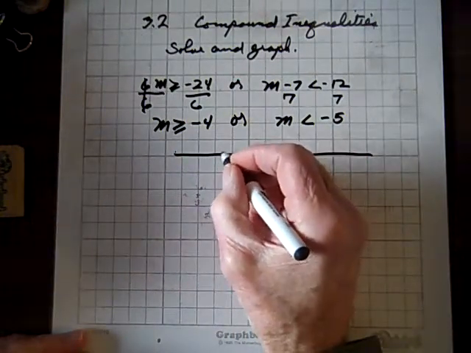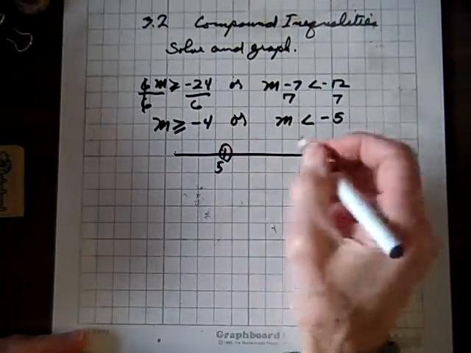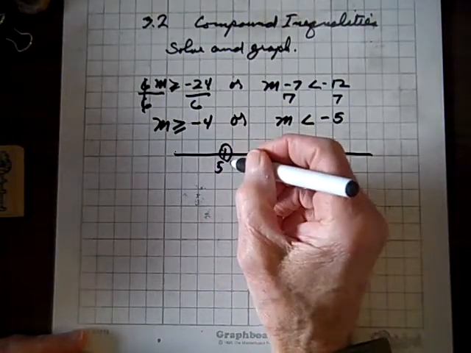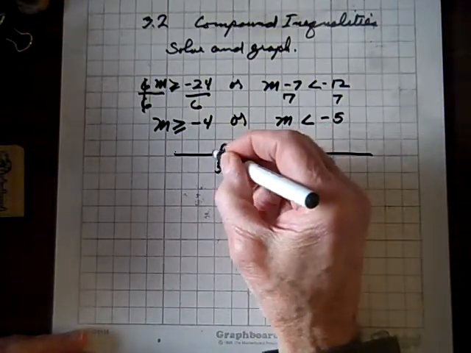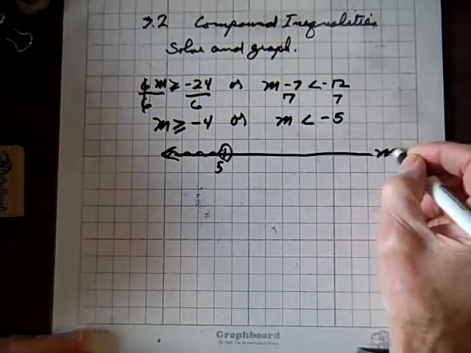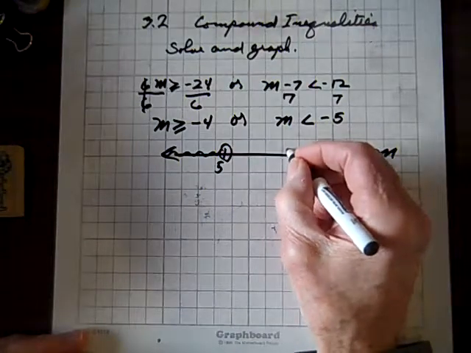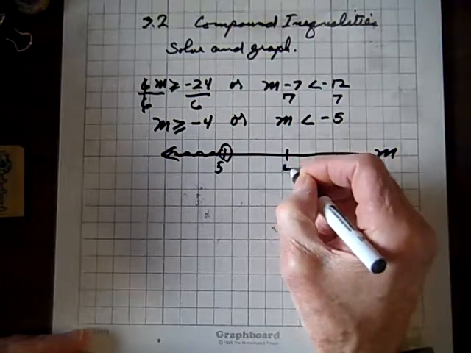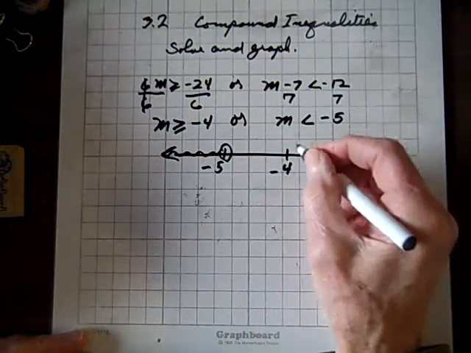And here we are at negative 5, and we'll put an open circle there since there's no equal sign associated with that inequality. And it says m is everything to the left of that. Okay, so there we go, m. And now m is greater than or equal to negative 4, so hash mark it. By the way, this should be negative 5.